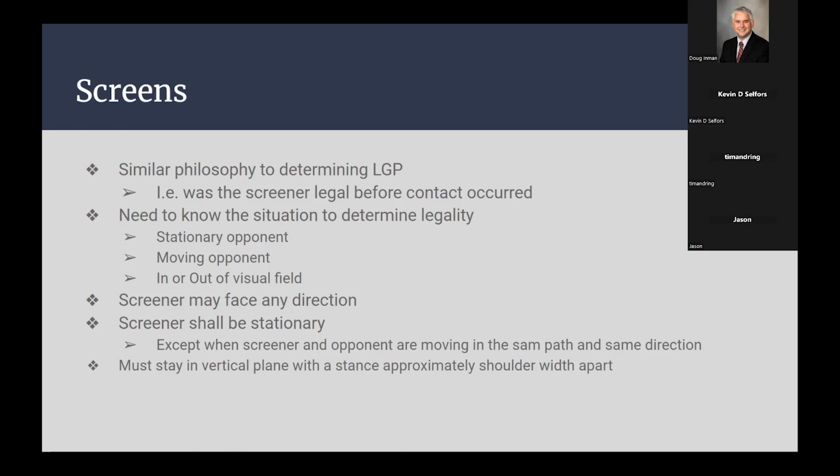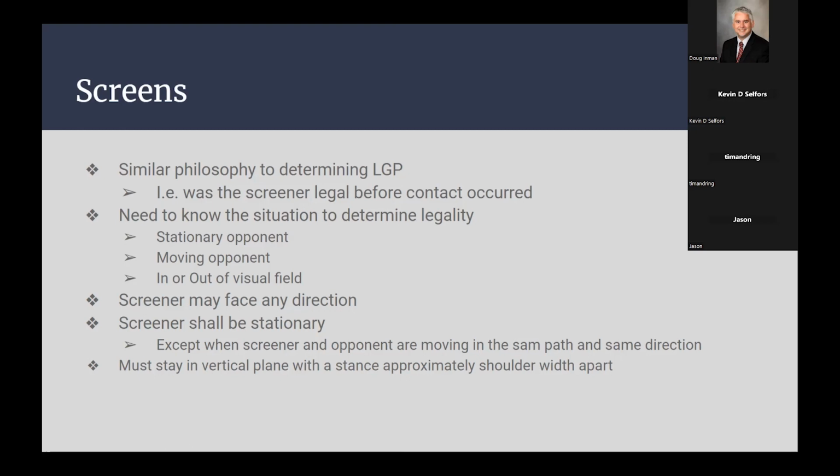If it's a moving opponent, depending on how fast they're moving, it's 1 to 2 strides before contact, and they need to be able to move around that if they're outside the visual field. If you're in the visual field, pretty much you need to be stopped and set short of contact. You can initiate the contact, but if they can see you coming, you need to be stopped just short of contact.